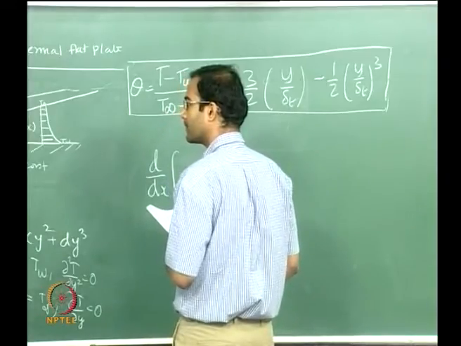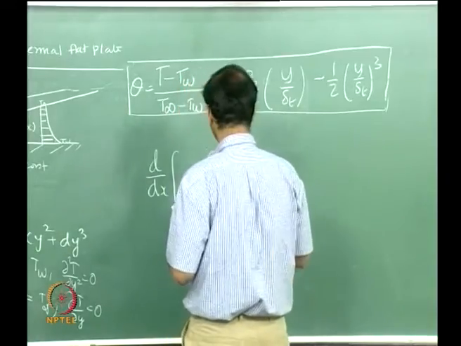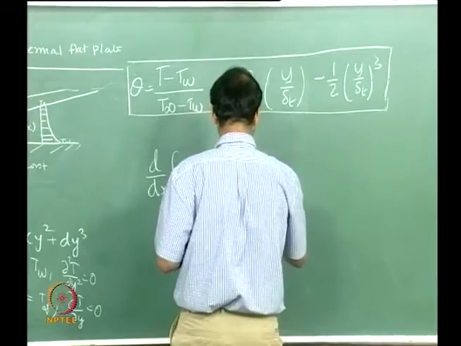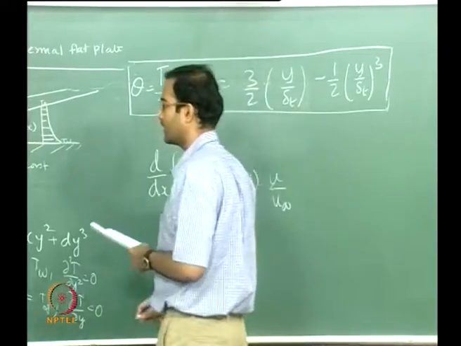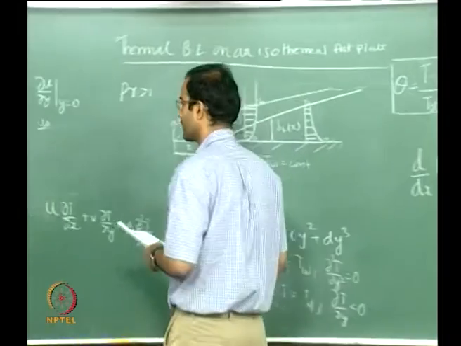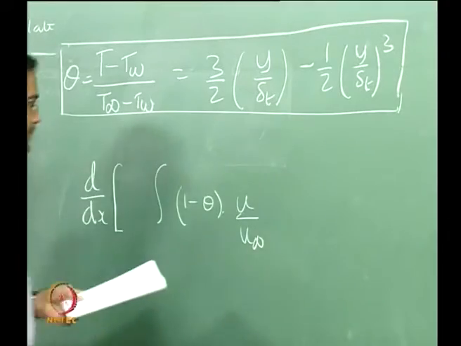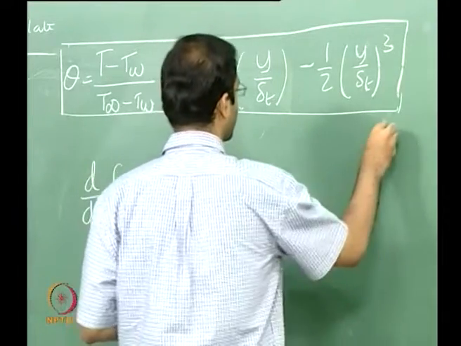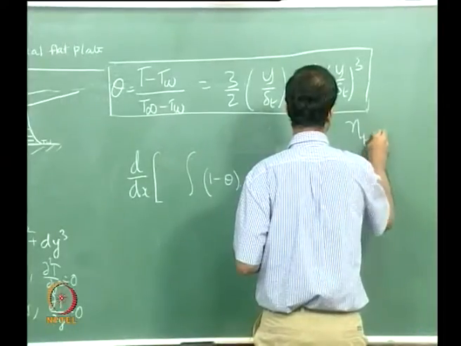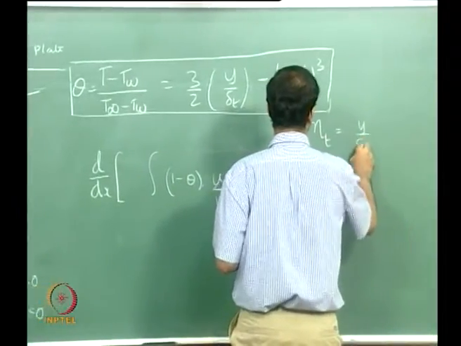Also I can multiply and divide by u infinity, so u by u infinity, and I can transform my variables from y space to eta space, where I define a variable eta subscript t as y by delta t.